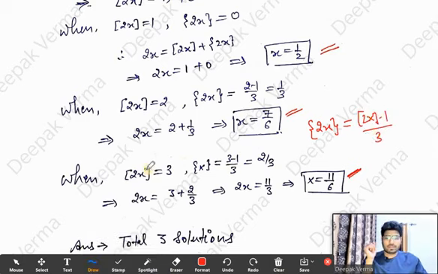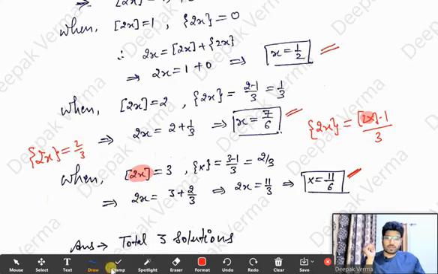Clear? Then put the value of box 2x here: 3 minus 1, that is 2 by 3. Again we have a mistake over here. It is fractional part of 2x equals 2 by 3. Got it?